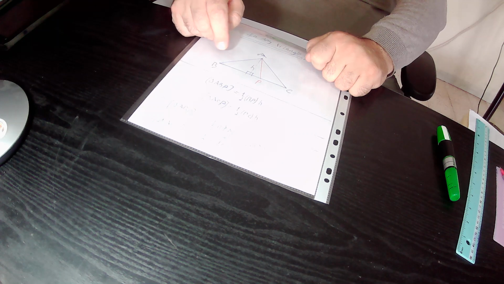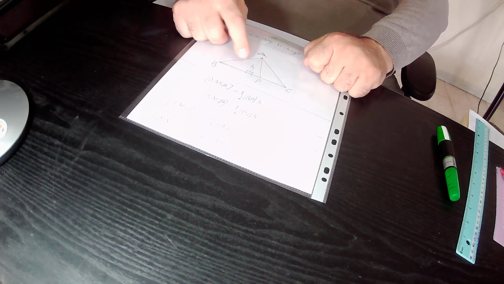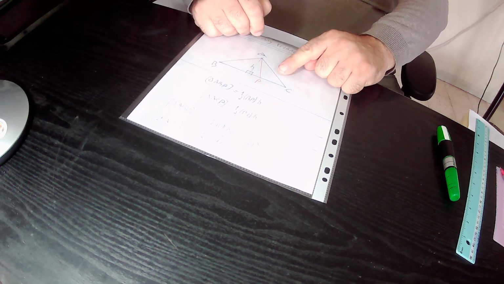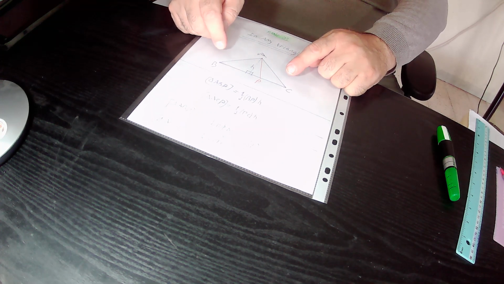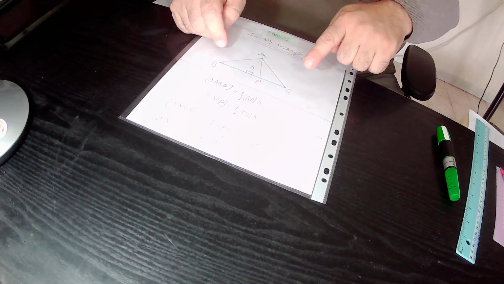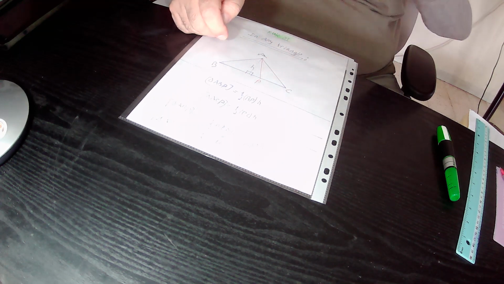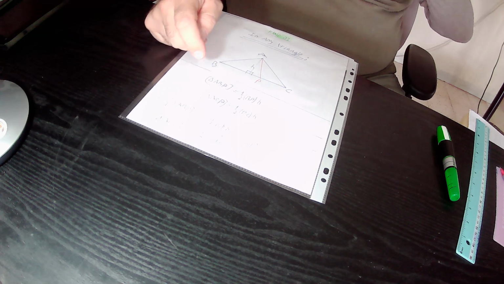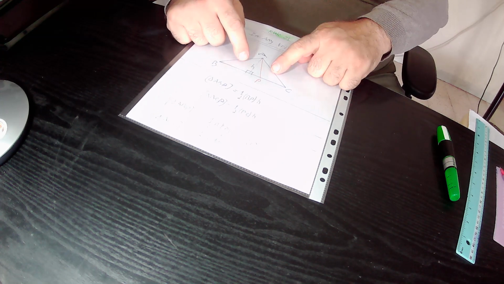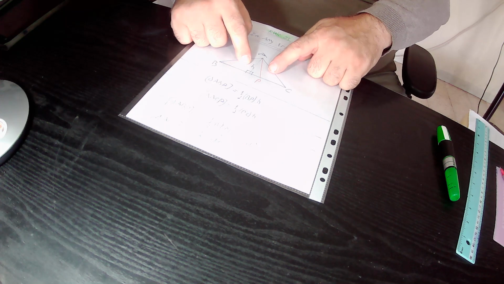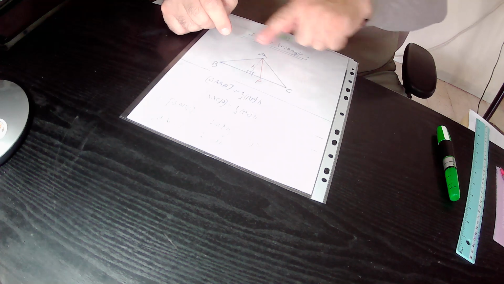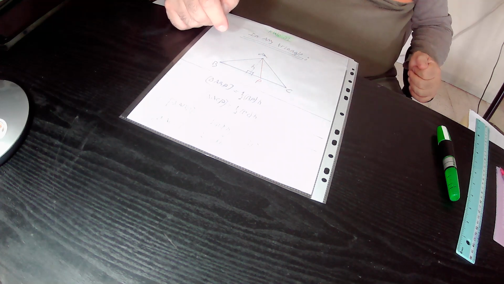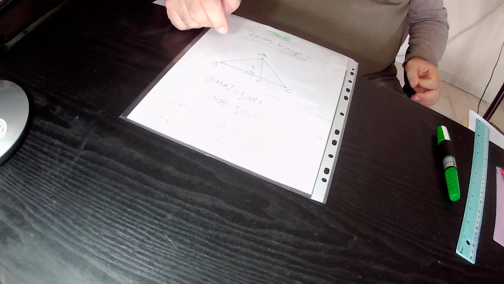Why? Because the base of triangle ABP is BP, and the base of triangle APC is PC. And the ratio between the bases is BP over PC. Okay, so we can actually implement rule 23 in our drawing.